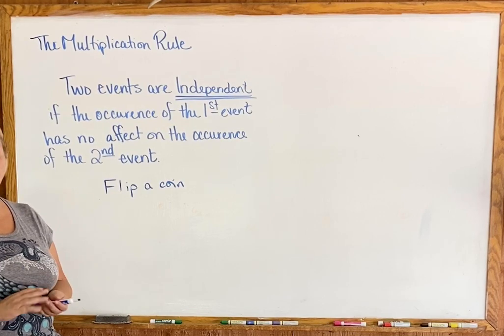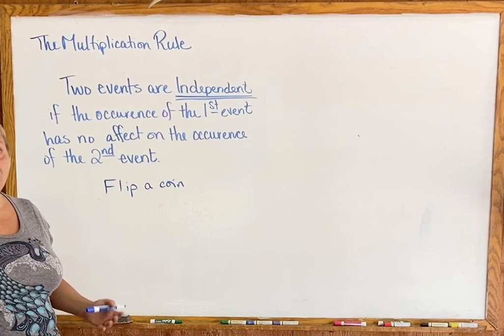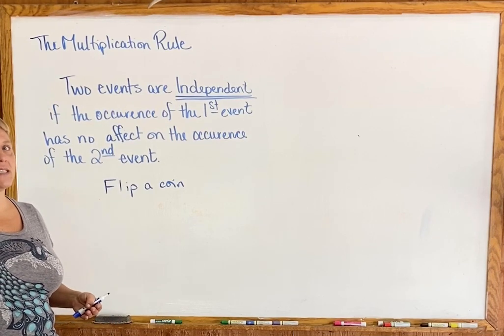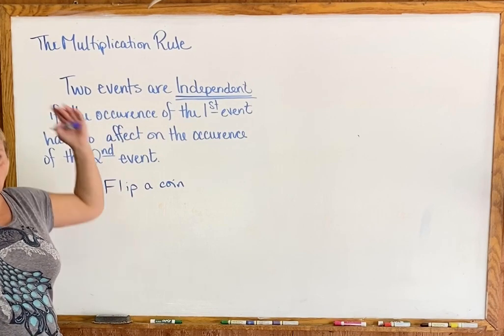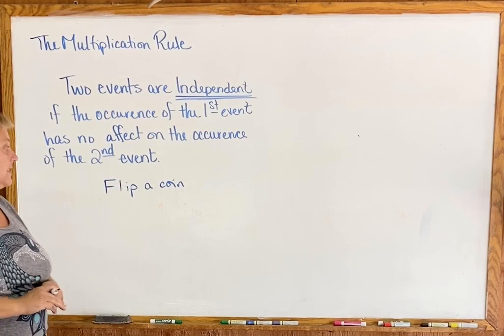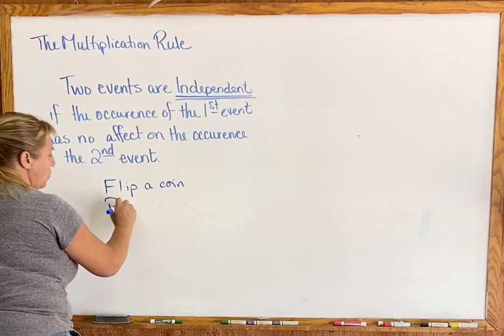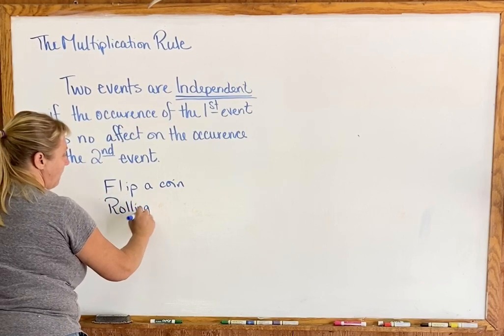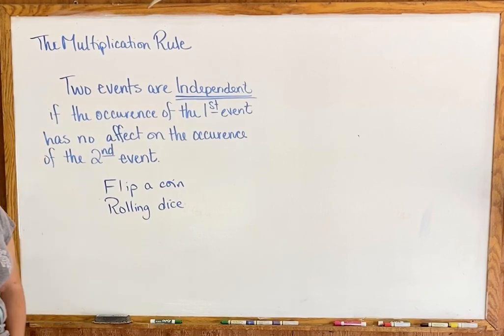Same thing with the dice. If you roll the dice once and you get a pair of sixes, are you more likely to get a pair of sixes the next time? Or less likely? Or is it just a crapshoot and you're going to get what you get? So rolling the dice or flipping the coin, these would both be independent events.